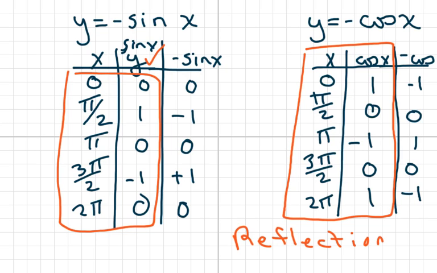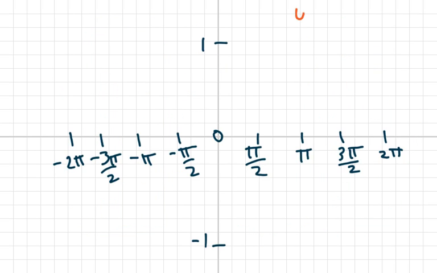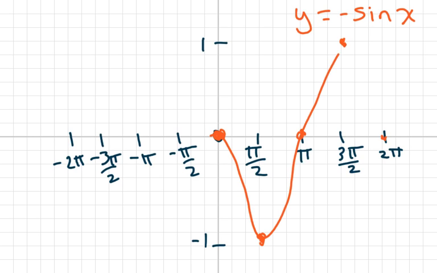And when you draw, we're going to draw a negative sine first. Negative sine of theta or x. And this time, we're still starting at 0. But instead of going up to 1, we're going down to negative 1. And then just draw your characteristic points. So it just goes like this.